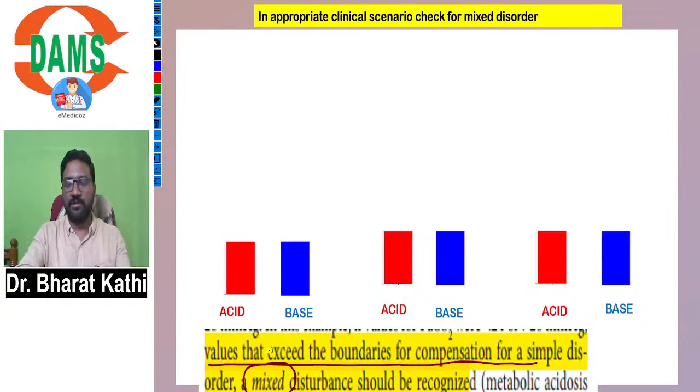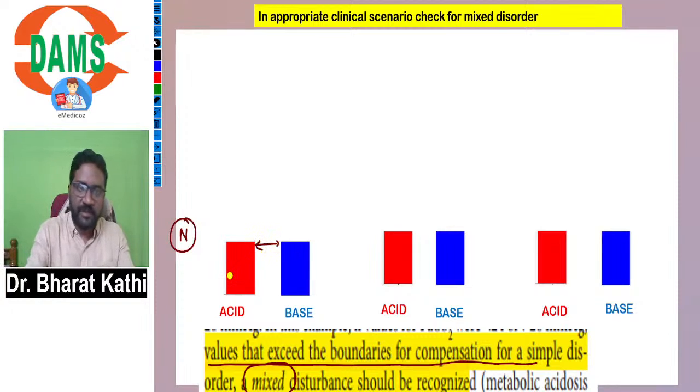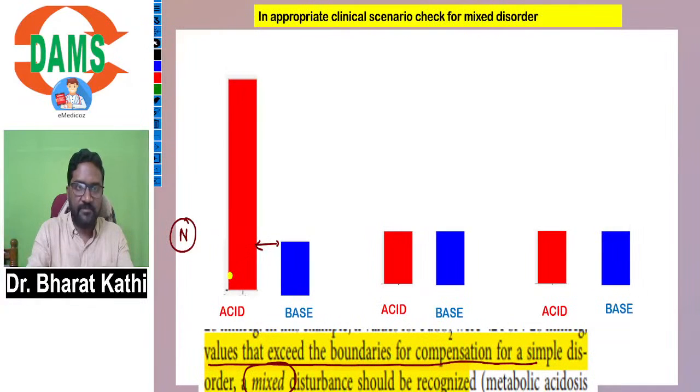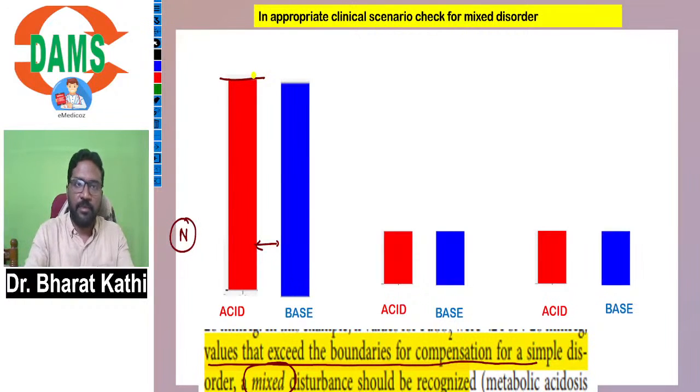Now let me put it in a very simple way. Now consider this is a normal individual. So acid and base are in balance. Now by chance in this patient, acid has increased significantly up to here. Base should also increase up to here. So it depends upon the compensatory formula.